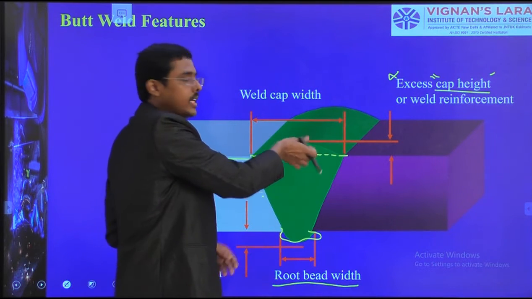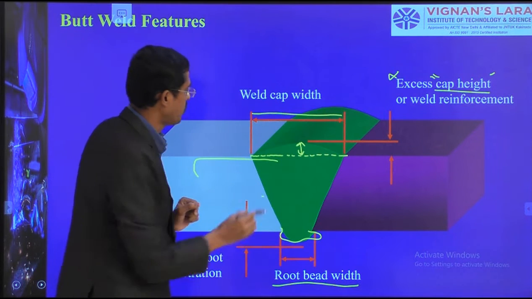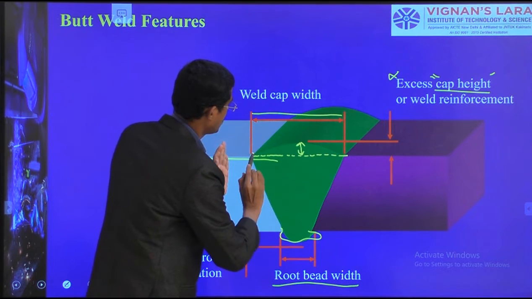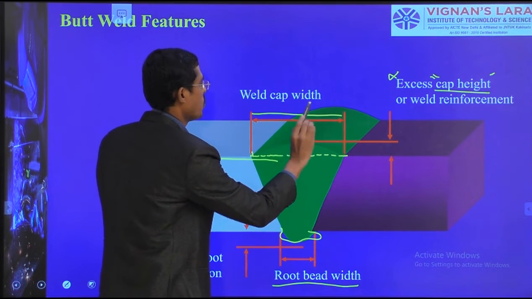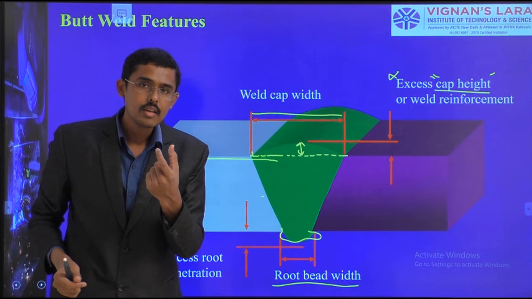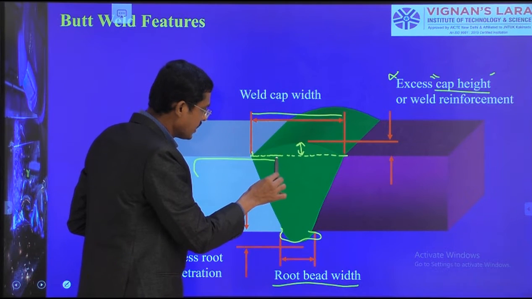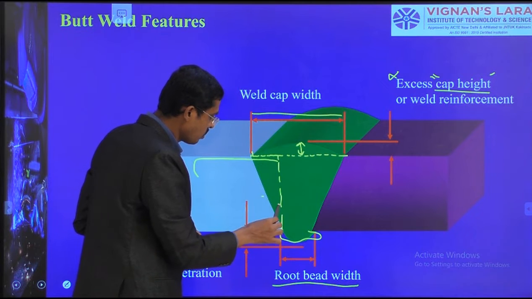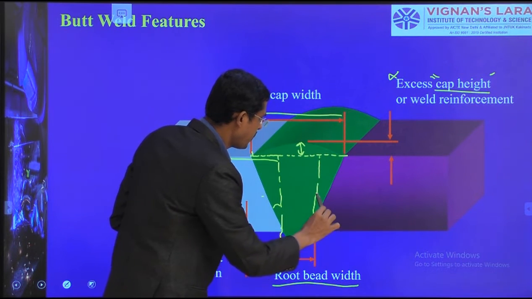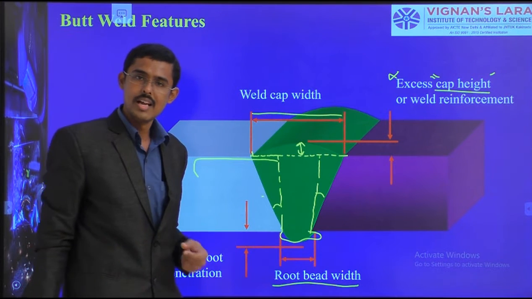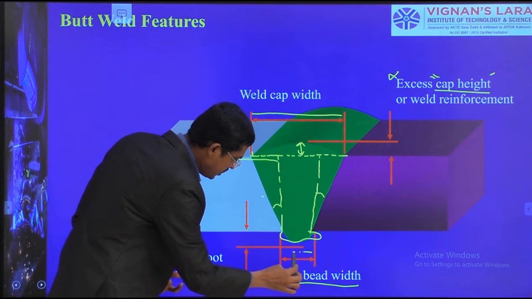So we are talking about height. We should talk about the width also. So I am talking here from here to here. This length. So this length I am talking. Okay, welding cap width. How much will it be? We have taken edge preparation in this zone, and we have taken the edge preparation in this zone, and also we have given the root gap of this zone.